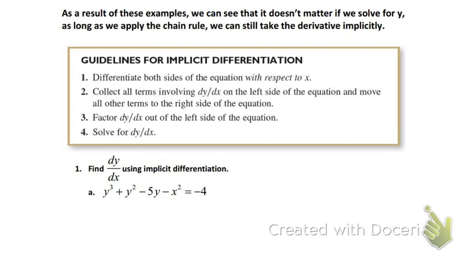So let's do this first one. When you see a couple, I'm hoping you go, okay, it's not that bad. So I've got y cubed. Now, first of all, I've got 4 terms on the left. 3 of them involve y. Only 1 involves x. So that means I can take the derivative of each of those and add them together. All right, so what's the derivative of y cubed with respect to x?